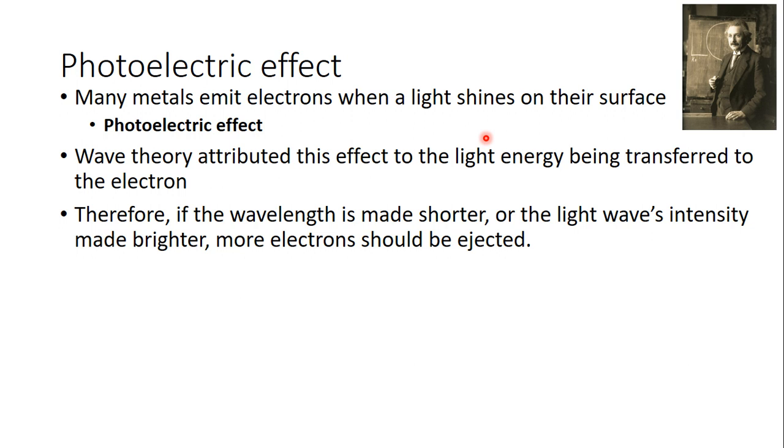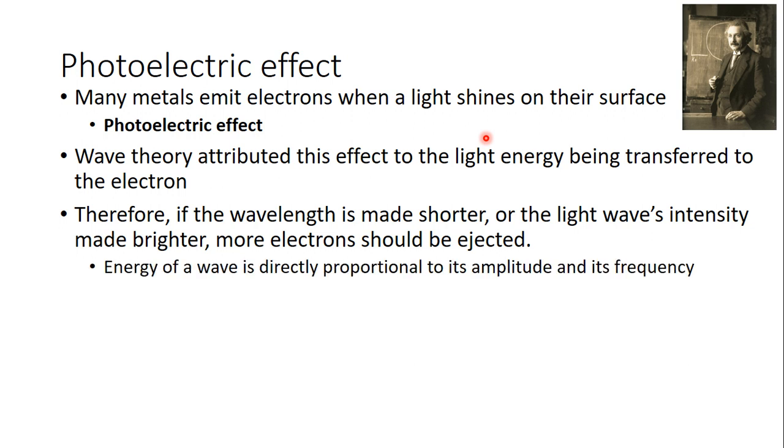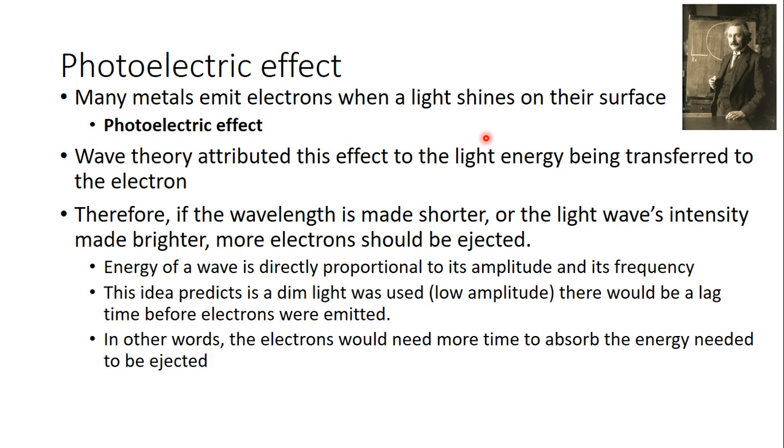As we saw in the previous video, a brighter light or a higher frequency has more energy in it, because the energy of a wave is directly proportional to its amplitude and its frequency. So if you have a dim light with low amplitude, you would expect it to take some time before electrons are emitted, because low energy is being shot at the metal and you need a lot of it to eject an electron.